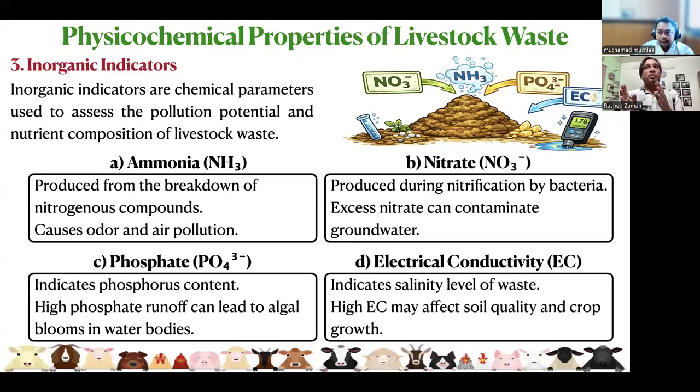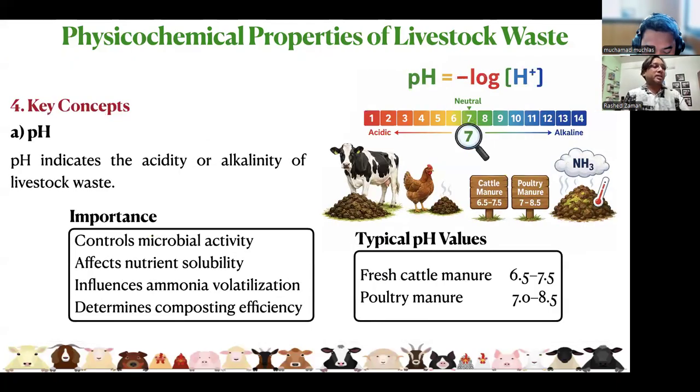And if that waste is used as fertilizer and applied into the soil, then the salinity level of that soil will also increase. That will be harmful for the crops. So all these are the inorganic indicators that are very important in the management or handling of livestock waste. Now we will focus on some key concepts.